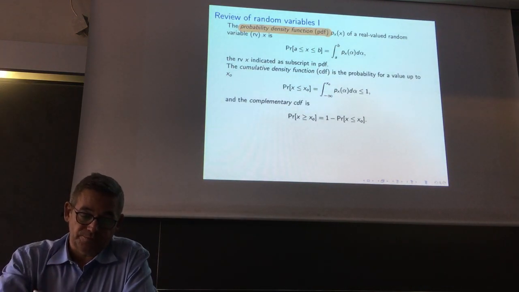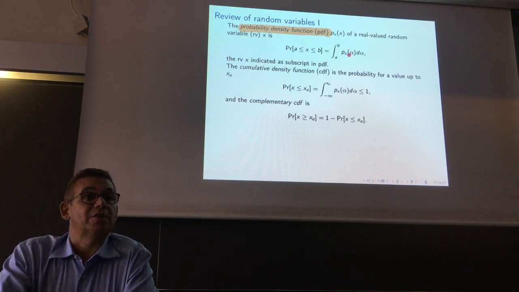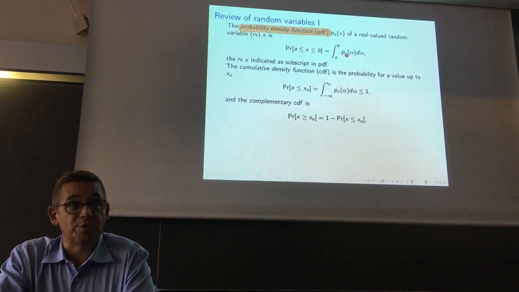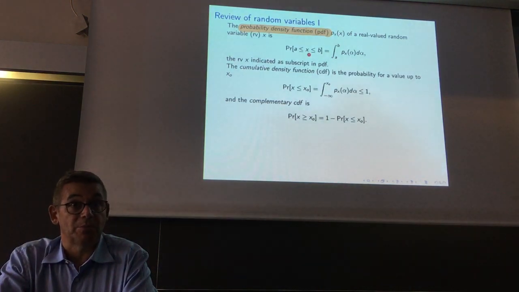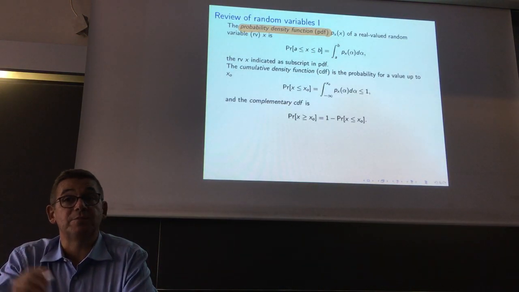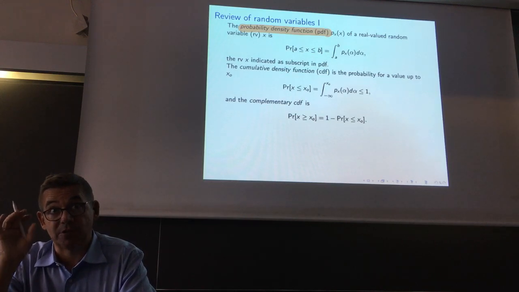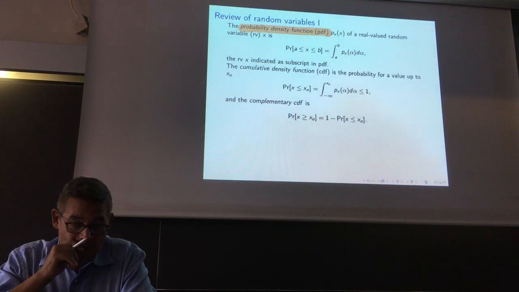If the probability density function is given by a certain function, then the integral of that function between the interval a and b gives me the corresponding probability, that is, the probability that the random variable stays between the value a and the value b.